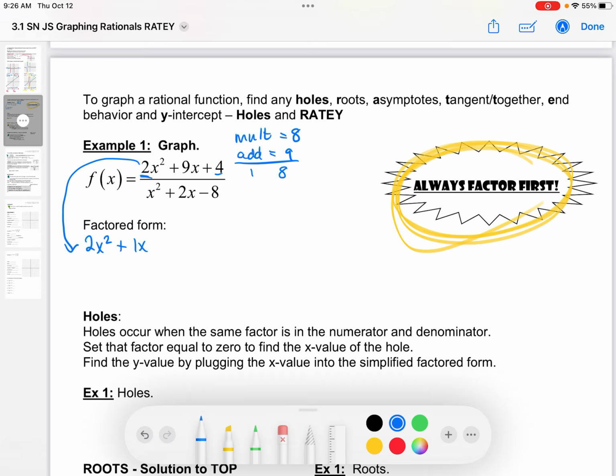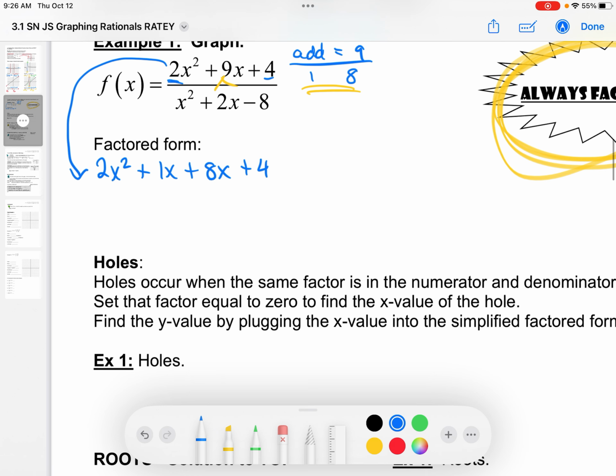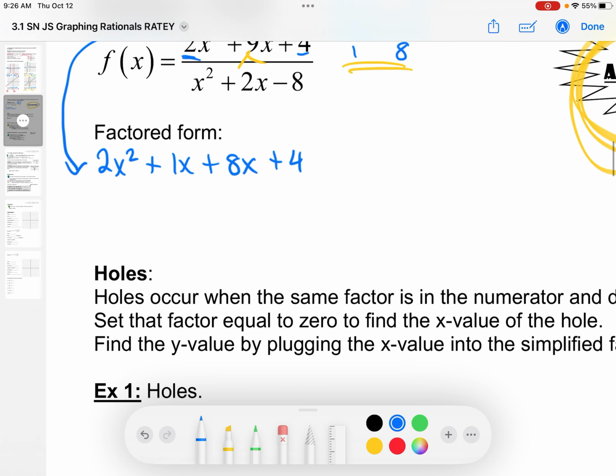So we leave the 2x squared. We add 1x, add 8x, and then add 4. This 9x got split into 2 terms based on those magic numbers. And whatever variable the middle term has on, we put on those values as well. Now that we have 4 terms, we can group and take the greatest common factor. 2x squared plus 1x, their greatest common factor is x.